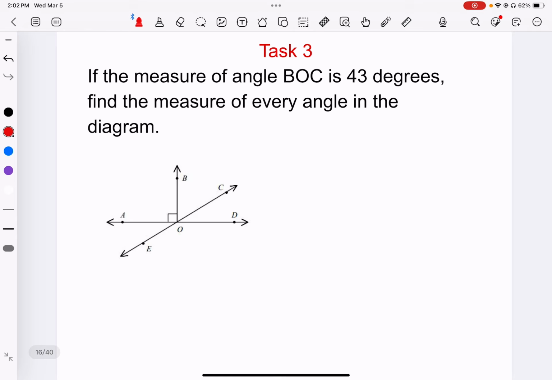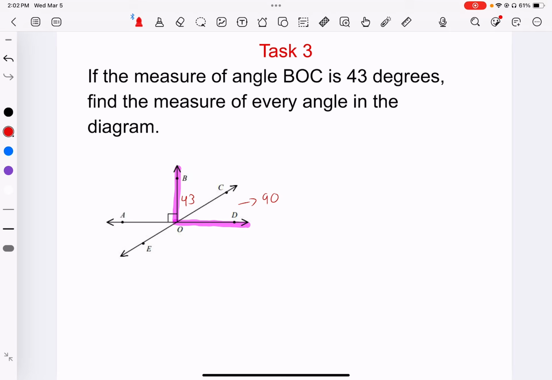If the measure of angle BOC is 43 degrees, find the measure of each angle in the diagram. So first, I'm going to label angle BOC, which is 43. Angle BOC and angle COD, they form a right angle, so I know that they're complementary.